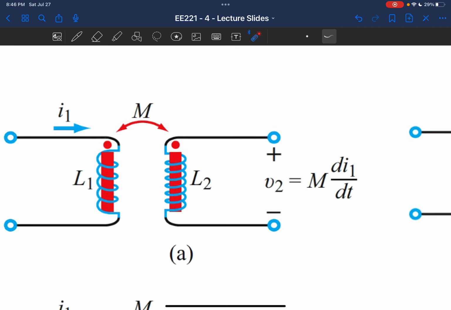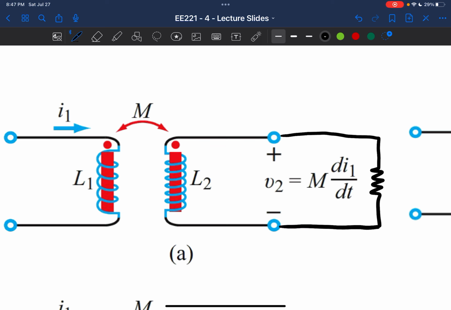I do have a positive current flowing into the dotted terminal of this coil. So that should force a positive current out of the dotted terminal of the other coil. That's saying that if I were to connect a load here, I should get a positive current flowing out of the dotted terminal here.